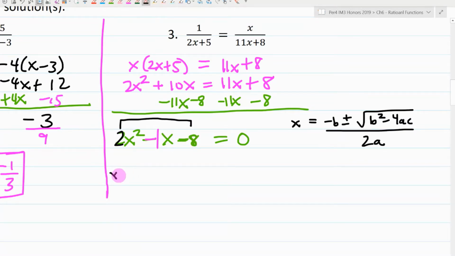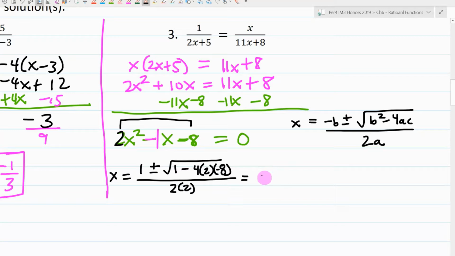So x equals negative b plus or minus the square root of b squared minus 4ac, the whole thing over 2a. So in this second step, you should have 3 numbers total. So this is going to be 1, and then this is 8 times 8 really, so plus 64.